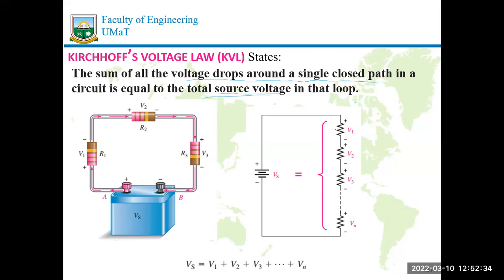Okay, so the sum of all the voltage drops, this resistance has voltage drop V1, V2, V3, all the way to the nth term. The sum of them is equal to the total source voltage we have in the loop. So we have Vs equal to V1 plus V2 plus V3 plus dot, dot, dot, all the way to the nth term.